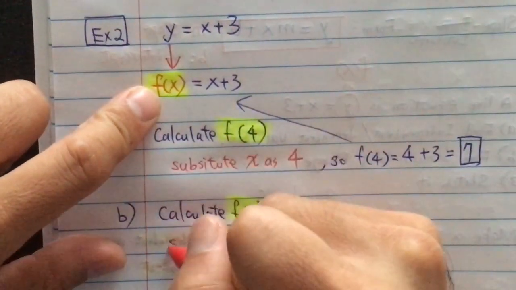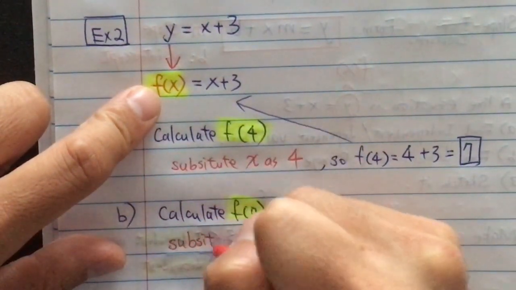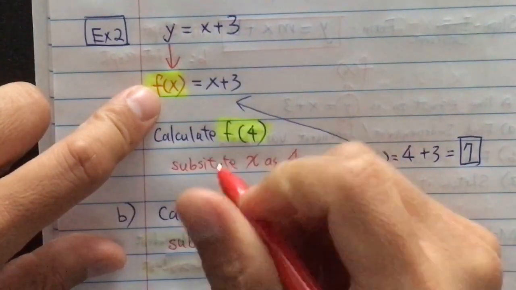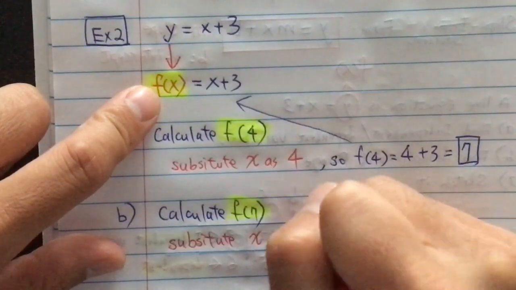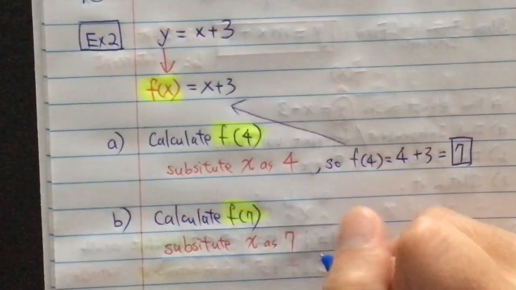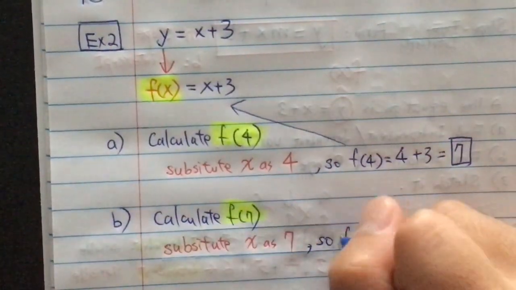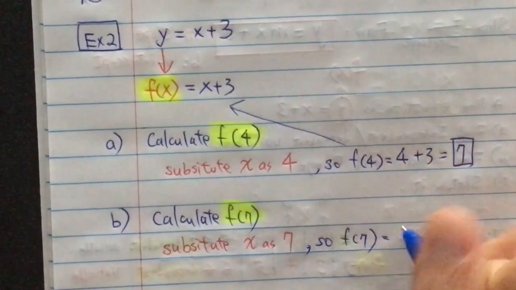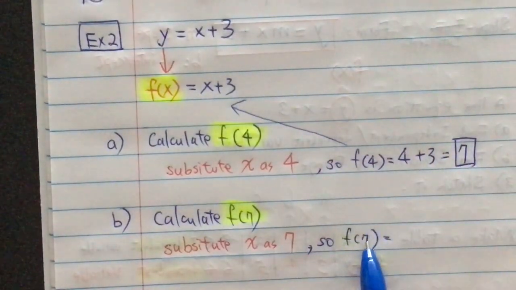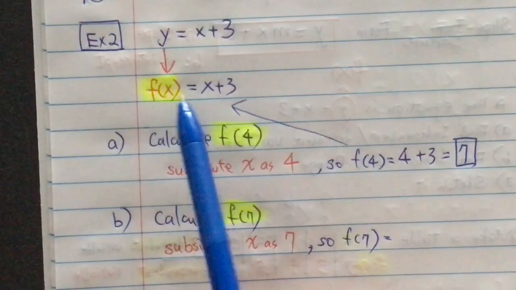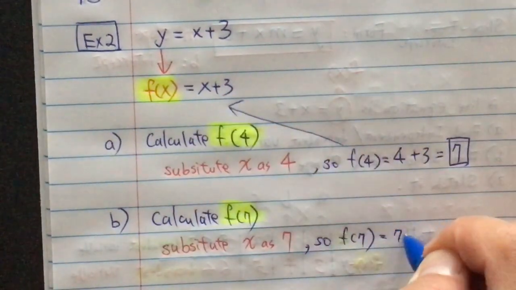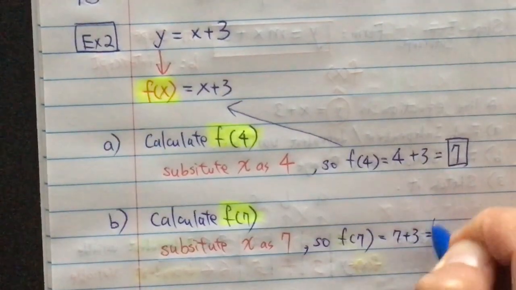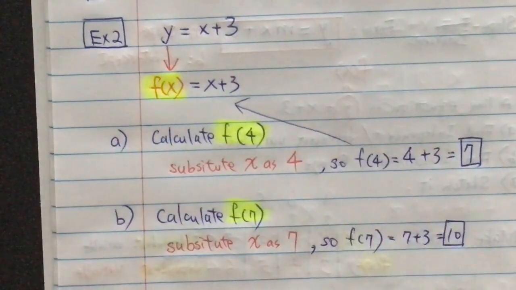Okay? Substitute x as 7. So f of 7. Now x is equal to 7, right? So f of 7, 7 here. 7 plus 3 is equal to 10. Okay, so far so good.